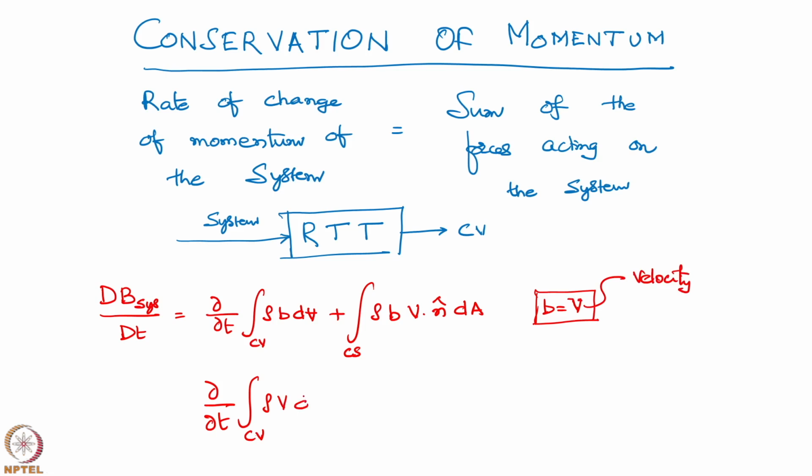So, rho V dV, then only you will get the momentum. So, plus V rho V dot N dA, you can see that this is mass flow rate and this is velocity. So, you get momentum. Okay. So, this is across the control surface, which is equal to the sum of the forces.